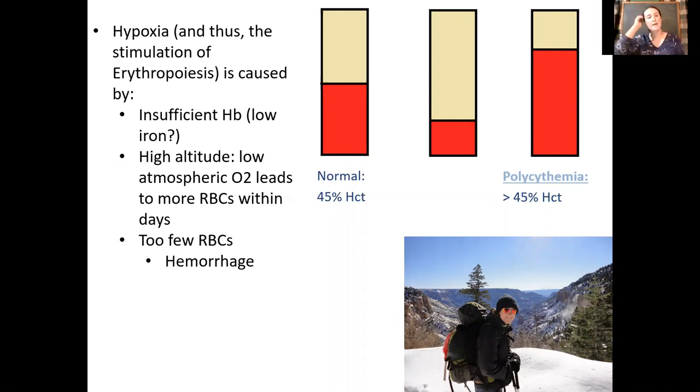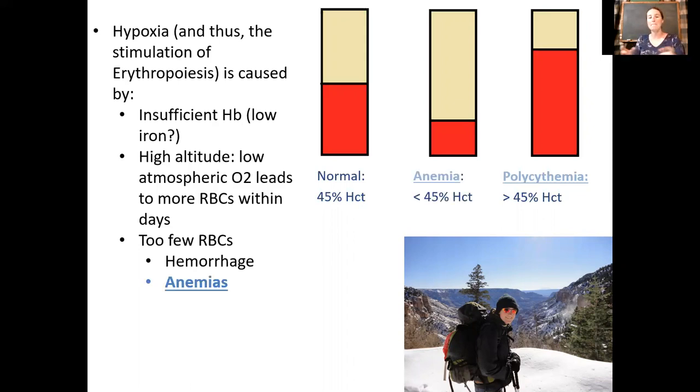Another condition that might cause hypoxia is hemorrhage, so losing blood. Also, donating blood. You lose a liter of blood at a time, and so obviously for the next hour, the next couple days, it's going to be a little bit difficult to exert yourself because you don't have enough red blood cells to transport oxygen to your tissues.